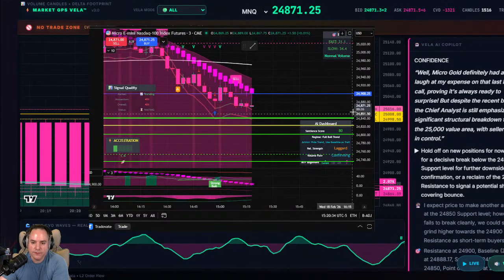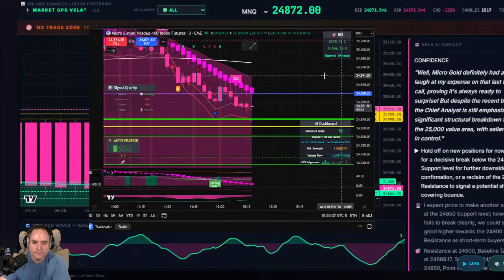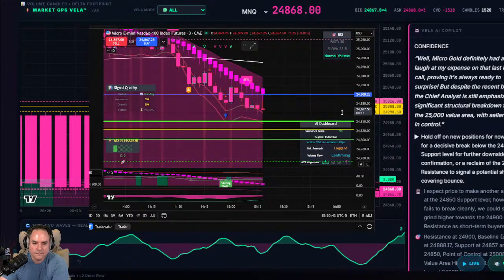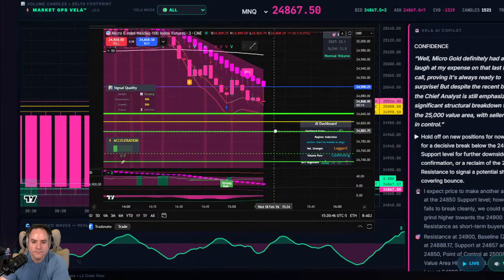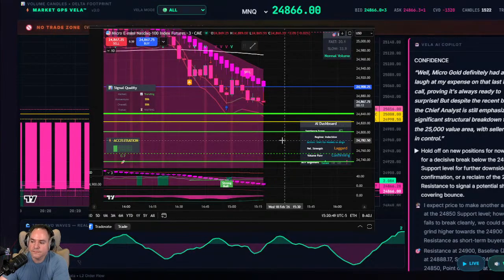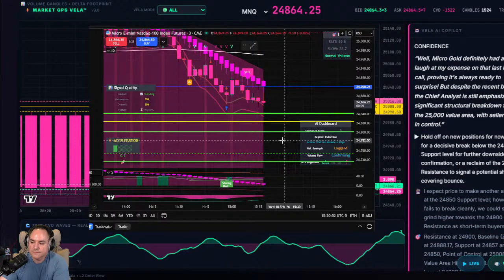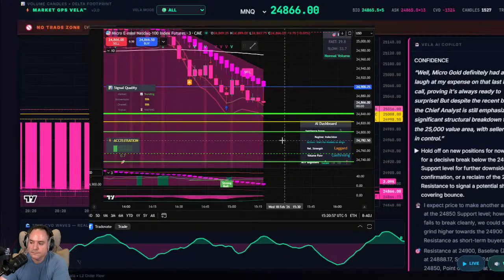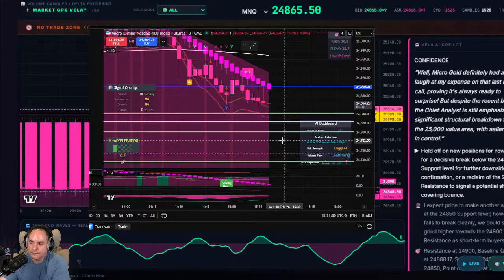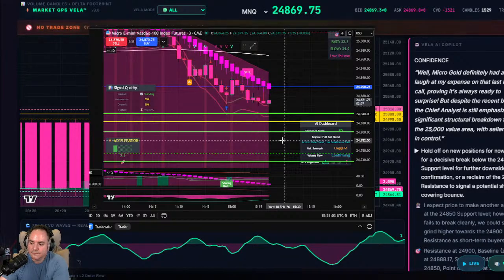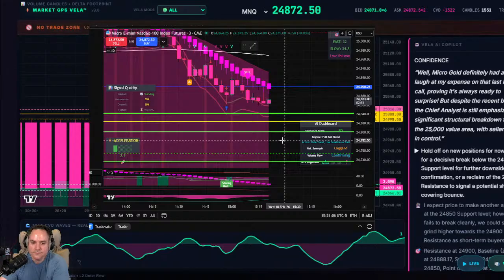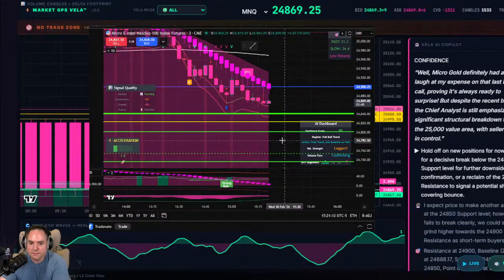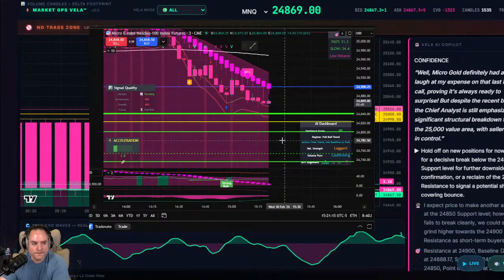We got about 30 minutes before the algorithms kick in. So if we get this bounce to 24.9, that could be a decent short.